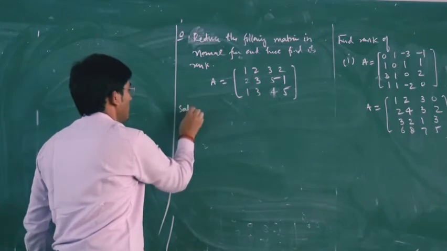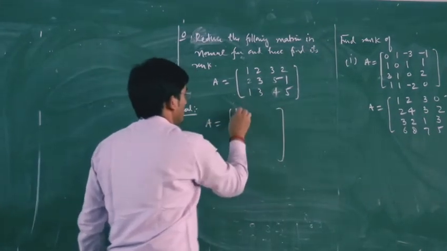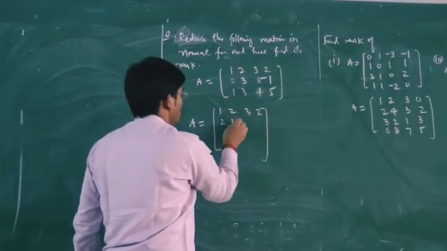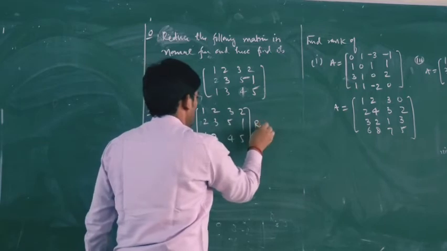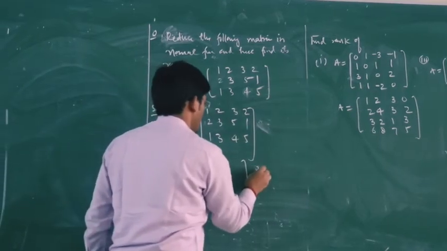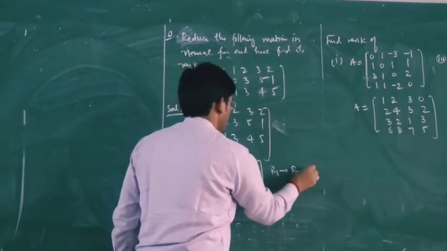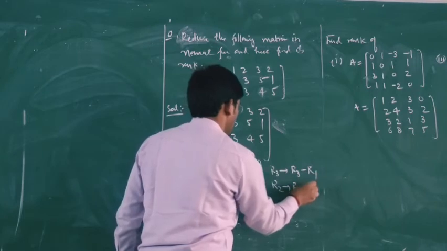So solution, the first row is this one, then we have this one, and then finally 1 3 4 5. Now let us have the operation R3 minus R1, and then R2 minus 2 times R1.